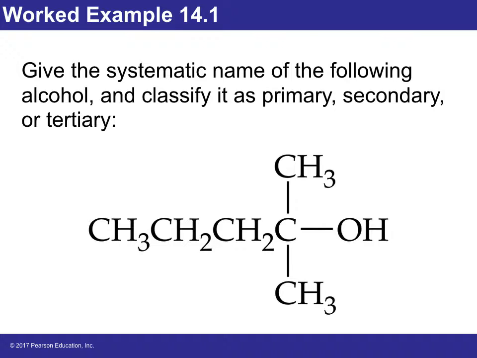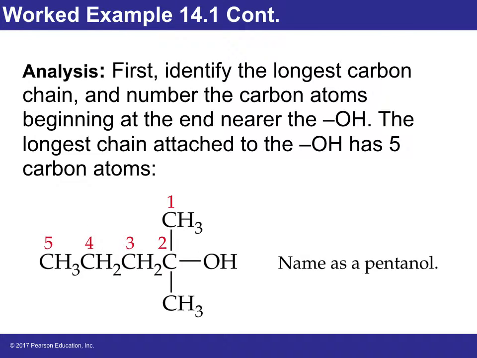Well, same thing. You are going to first look at the systematic name of the compound below. How do we do this? Well, first you find, as usual, the longest carbon chain, and number the carbon atoms starting at the end that is the nearest to the hydroxyl OH.